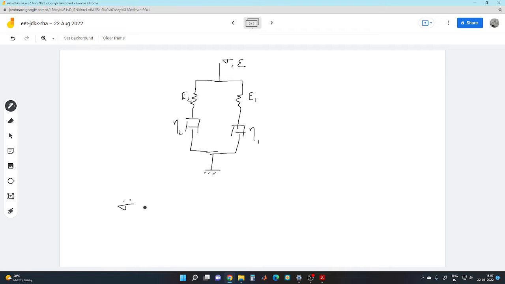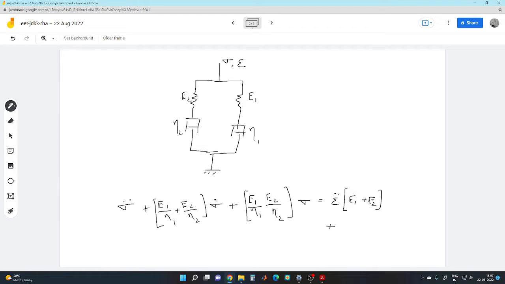So this is sigma double dot plus (E1 upon eta 1 plus E2 upon eta 2) sigma dot plus E1 upon eta 1, sorry, E2 upon eta 2 sigma is equal to epsilon double dot plus (E1 plus E2) plus epsilon (E1 upon eta 1, E2 upon eta 2, eta 1 plus eta 2).